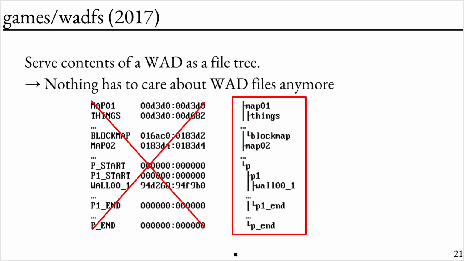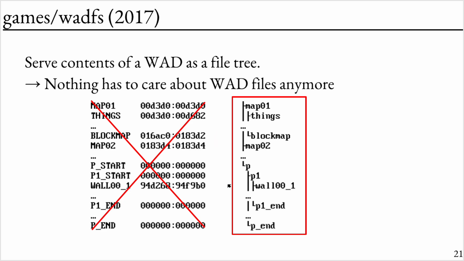Well, what could we do on Plan 9? Well, recall the tar file analogy. This all maps pretty nicely to just the file tree. Like the marker lumps basically delimit the start or end of a directory. And so it's very easy, the correspondence is pretty much direct.